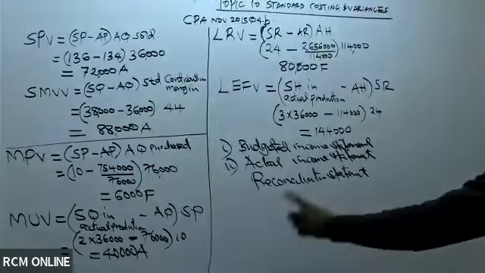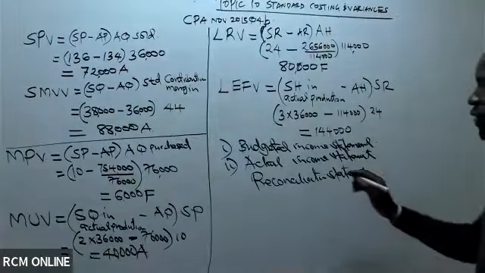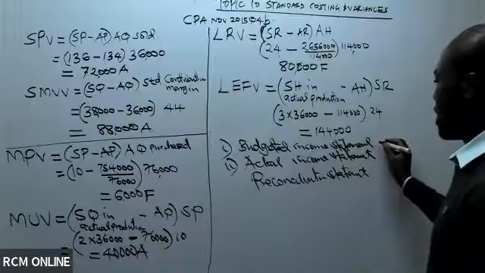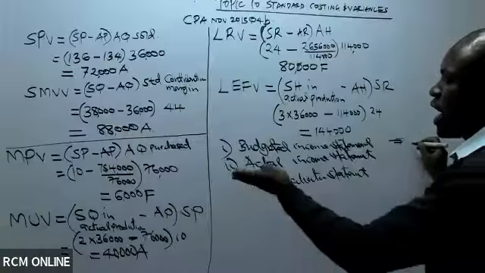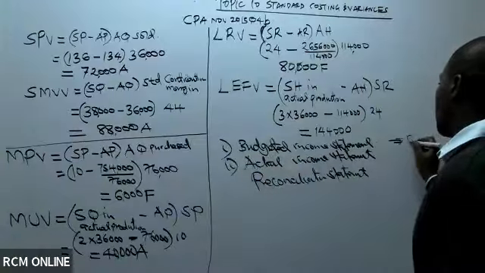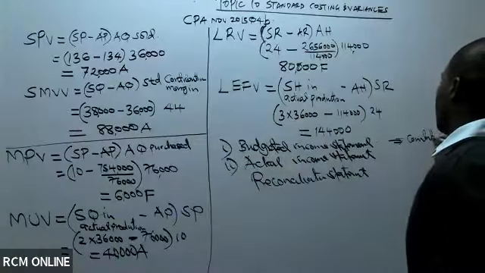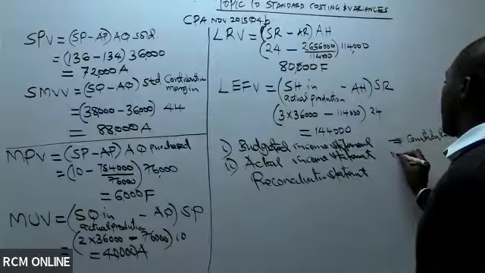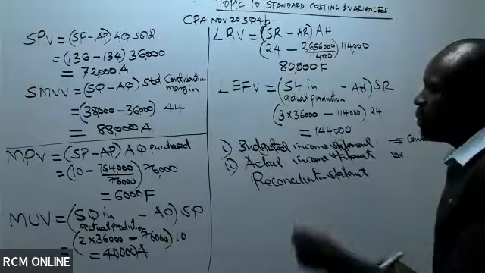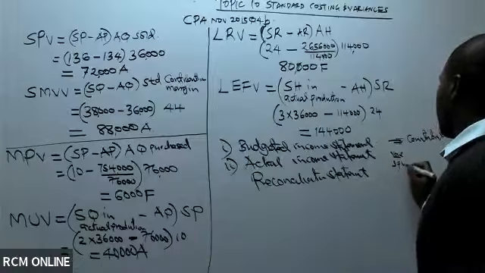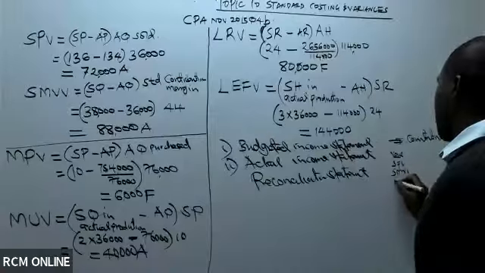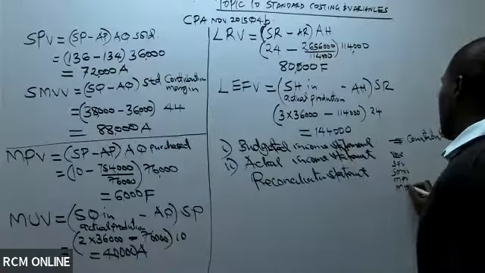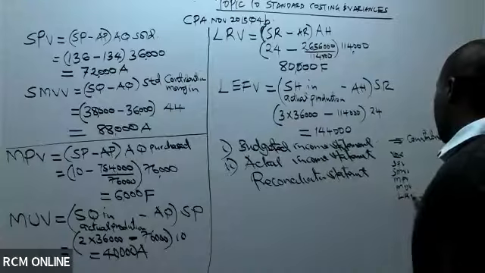Now, we did it actually in the other question. First of all we got our budgeted contribution, right? Then to this budgeted contribution, you need to adjust the variances, right? So under variances, you give us selling price variance, sales margin, volume variance, material price variance, material usage variance, labor rate variance, labor efficiency variance.